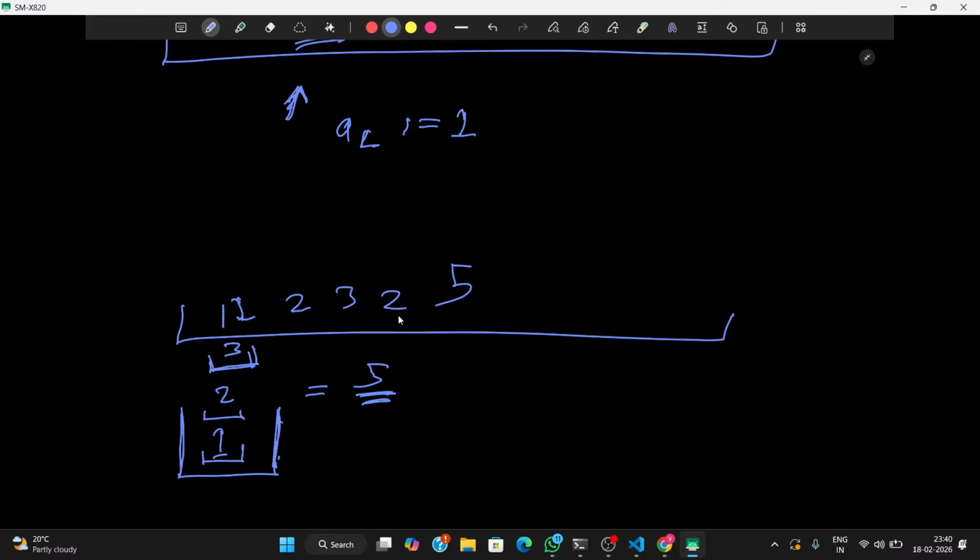If we start with this one, it can go up to here, up to here, and up to here. But now it cannot go further than this because there is a 5. For the index with 5 to be good, we need a 4 before it. 1, 2, and 3 are there, but there is no 4 before it.